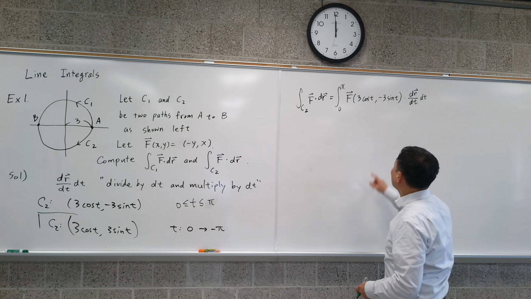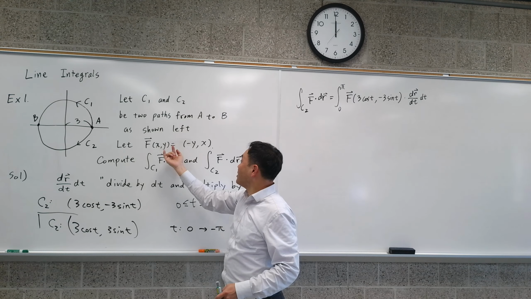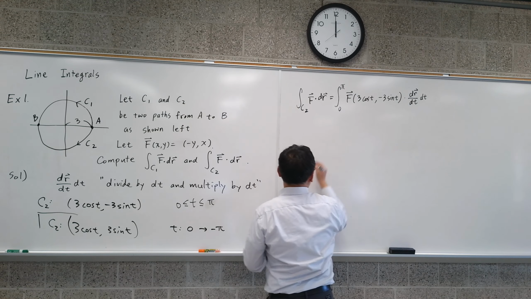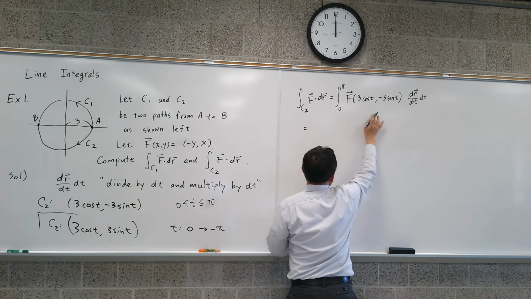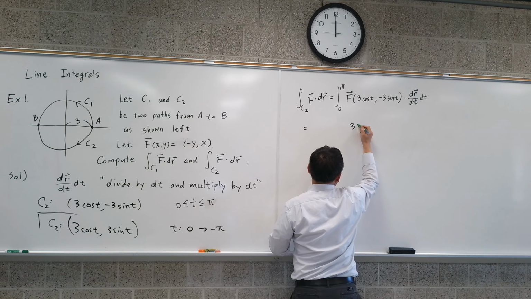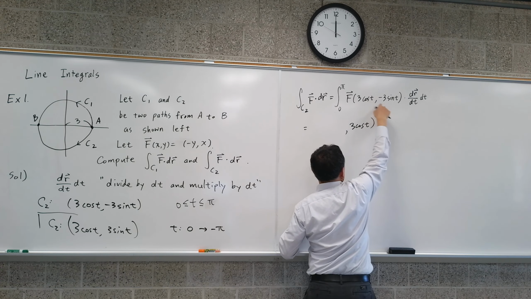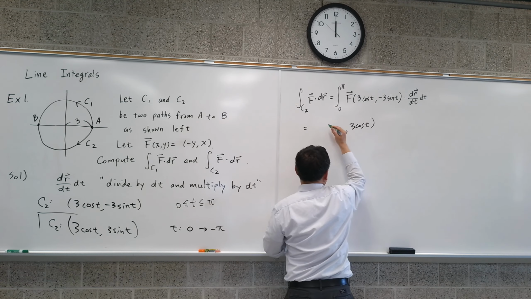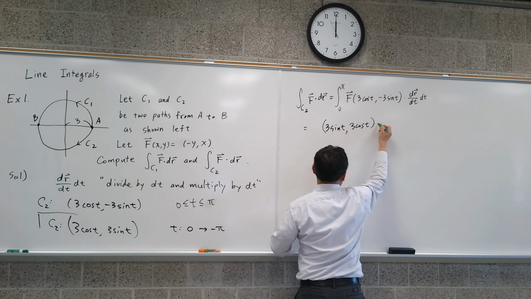And then, what is this? This is our vector field, which switches x and y and puts a negative in front. So this part is going to give us 3 cosine t as the y coordinate. And this becomes the x coordinate, but you have to negate that, so that's going to be 3 sine t, like this.